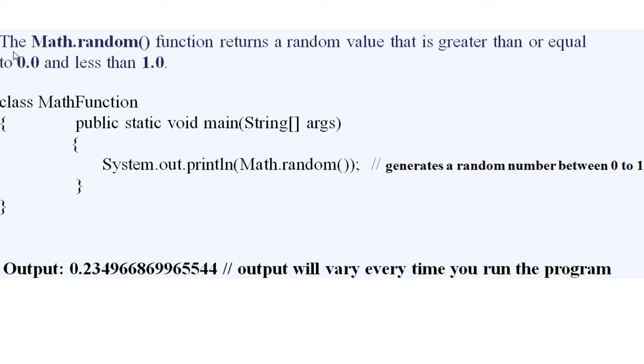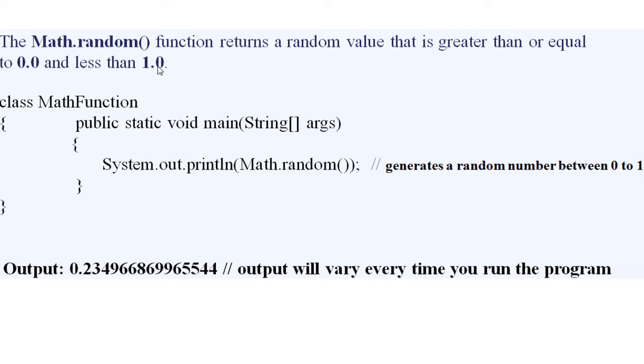The Math.random function returns a random value that is greater than or equal to 0.0 and less than 1.0. It means indirectly Math.random gives a double data type.